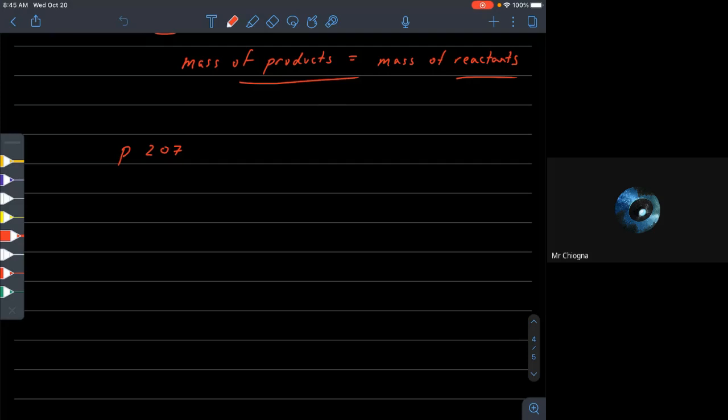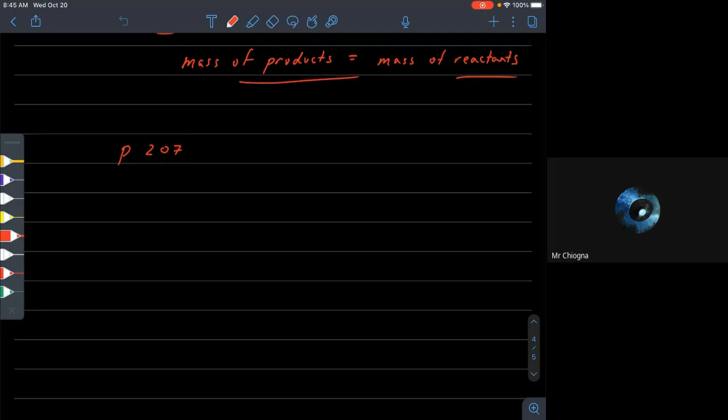So, page 207. List the name of the reactant. So the reactants are on the left side, right? Or on the right side? Good. Left side. Because they react to give you the products.